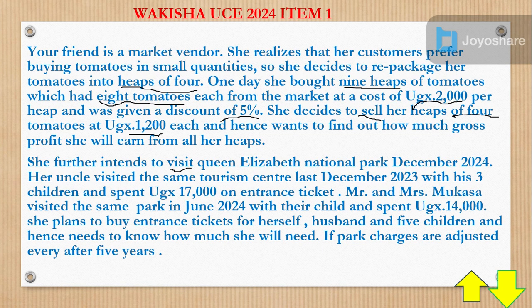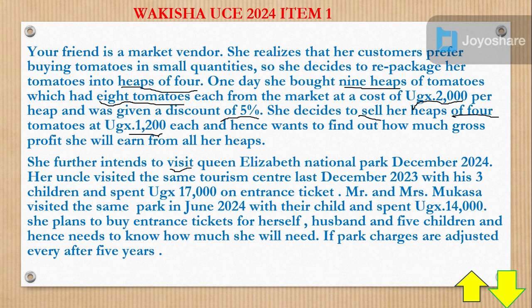Alright, so we proceed. Her uncle visited the same tourism center last December 2023 with his 3 children and spent Uganda shillings 17,000 on entrance tickets. Then Mr. and Mrs. Mukasa visited the same park in June 2024 with their children and spent Uganda shillings 14,000.